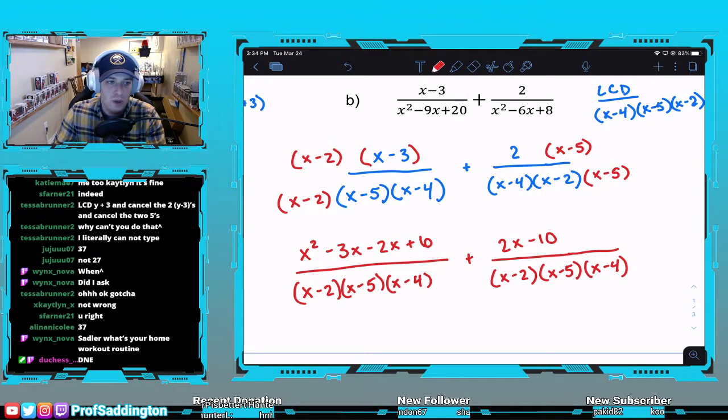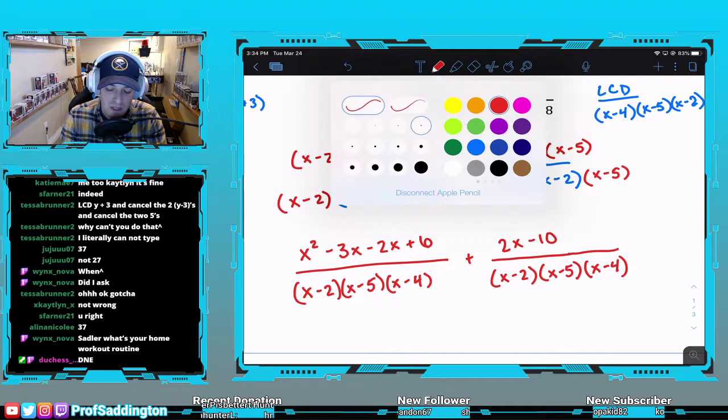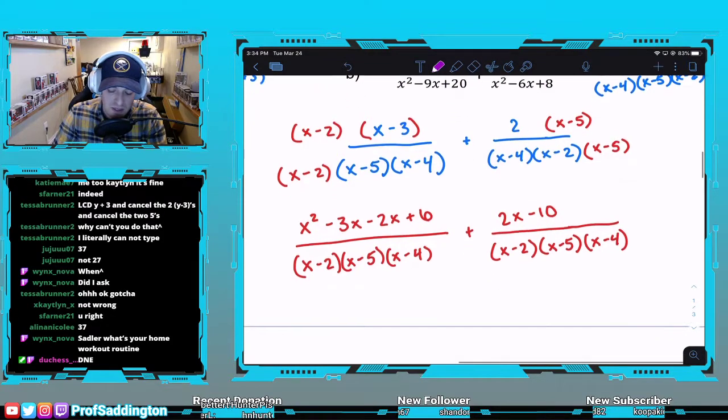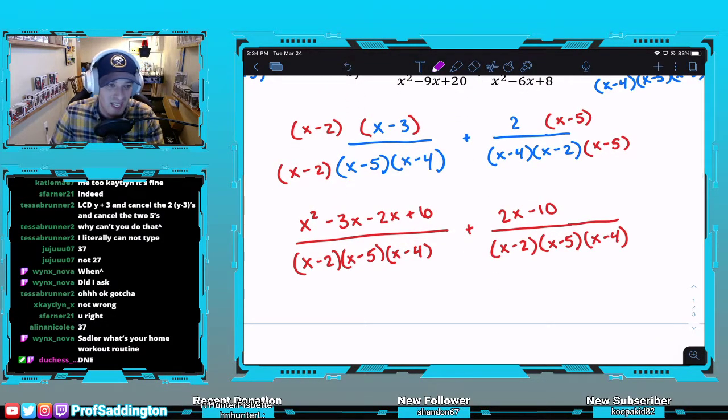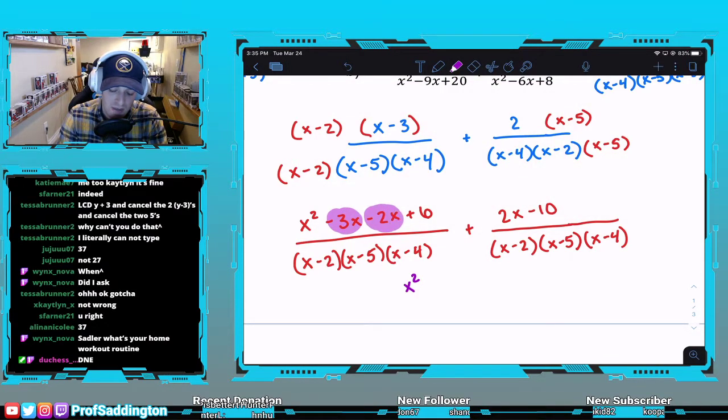So our goal was to get the LCDs to be the same. Now that they are the same, all we're looking to do is combine like terms. So as far as the x squared goes, there is no x squared that we can combine that with. So I'm just going to leave x squared. I can combine the negative 3x, the negative 2x, and the positive 2x.